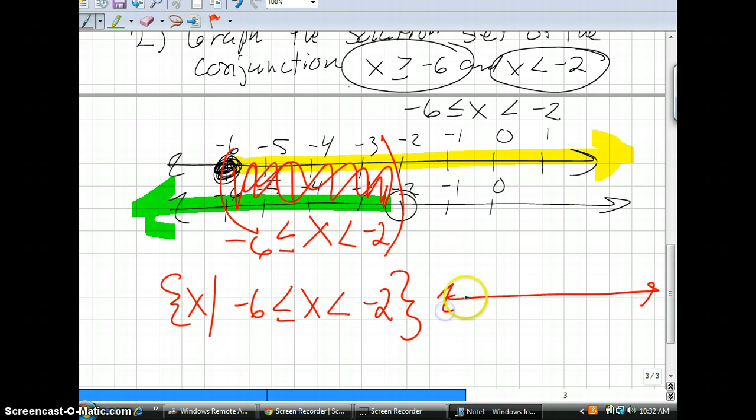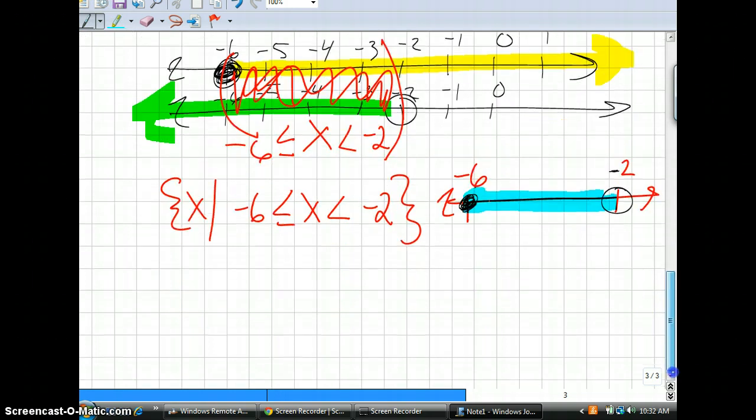The actual picture, this is negative 6, this is negative 2. We would have a closed circle on negative 6, an open circle, I'm sorry, that should be a negative 2, open circle here, and then the picture would be everything in between those two, including the negative 6 but not including the negative 2.